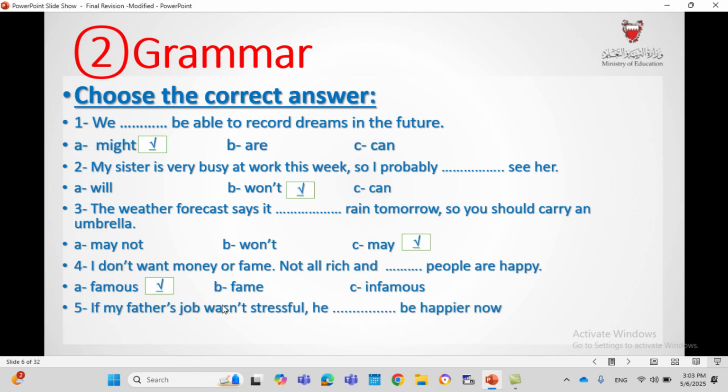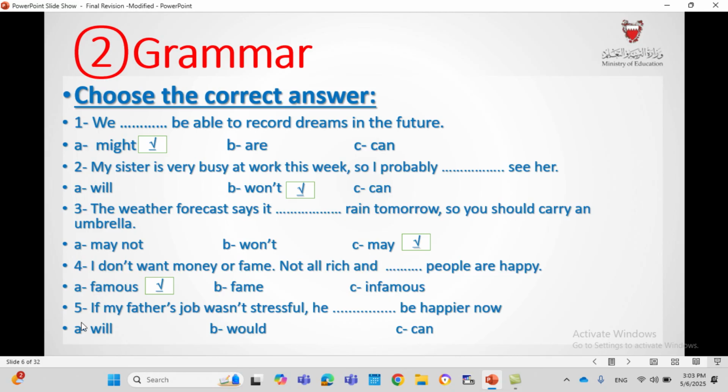Let's come to the final one. If my father's job wasn't stressful, he blank be happier now. And we have 3 choices. He will be happier, he would be happier, he can be happier. As you can see, this is the second conditional, or as you know, the unreal past.